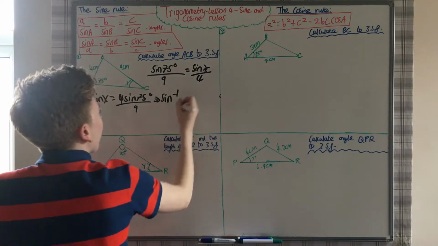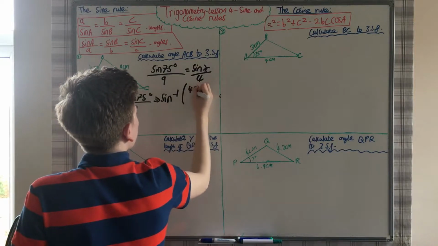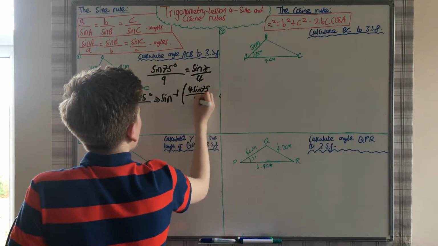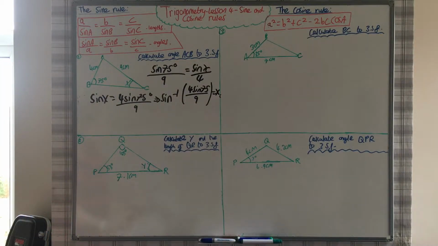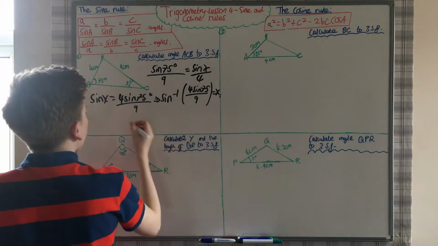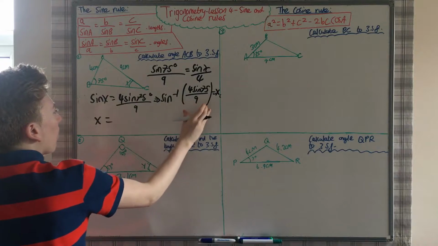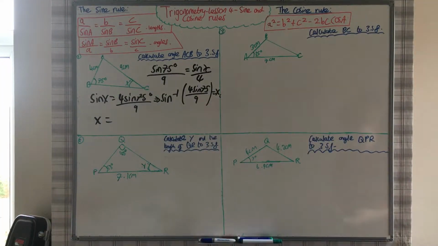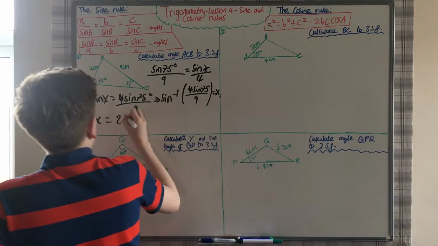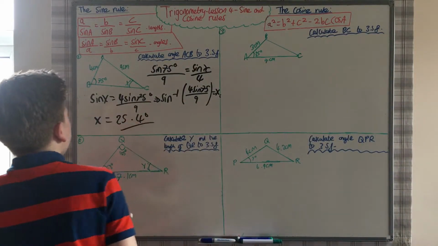So if we take the inverse sine of this whole thing, we get x. Remember, to get x from sine x, we use the inverse of sine. So x is simply this whole thing here. So if we type that into our calculator, what we get is 25.4 degrees to three significant figures.